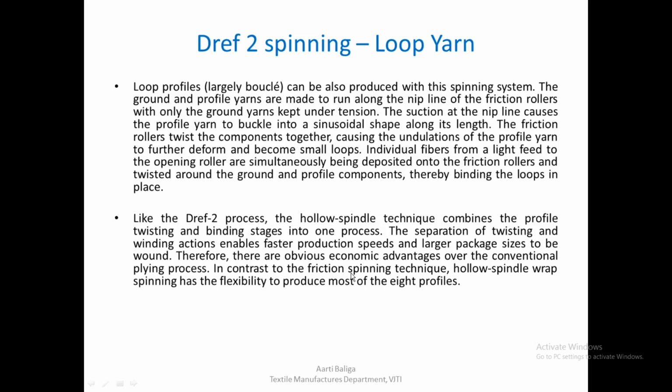In contrast to the friction spinning technique, hollow spindle wrap spinning has the flexibility to produce most of the 8 profiles. So one can say that hollow spindle is more popular for the production of fancy yarns, because it can produce most of all the 8 profiles that we have classified the fancy yarns into, and also it can produce the yarn in a single step.